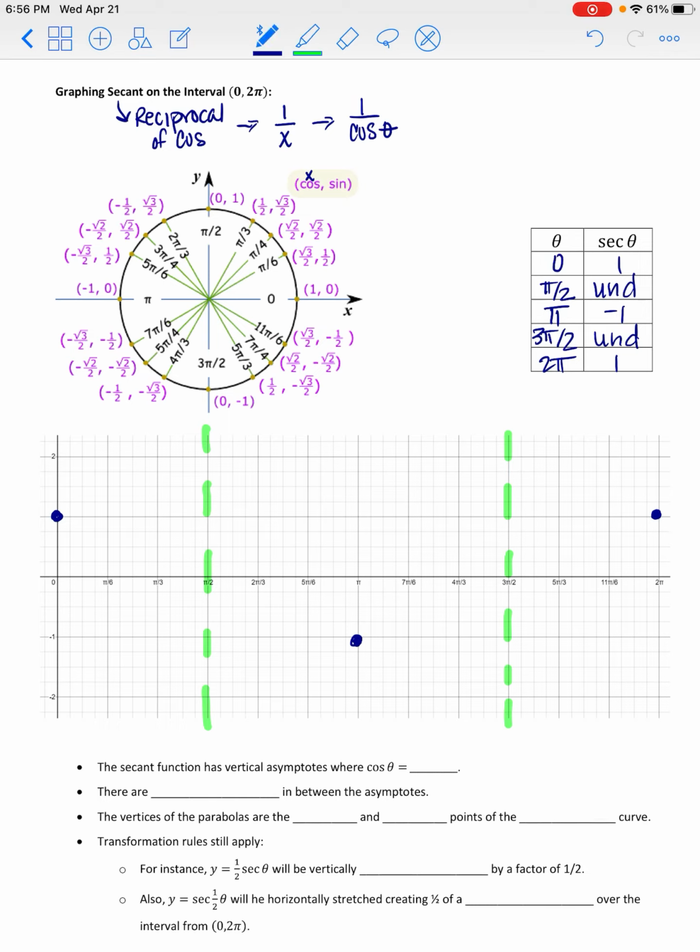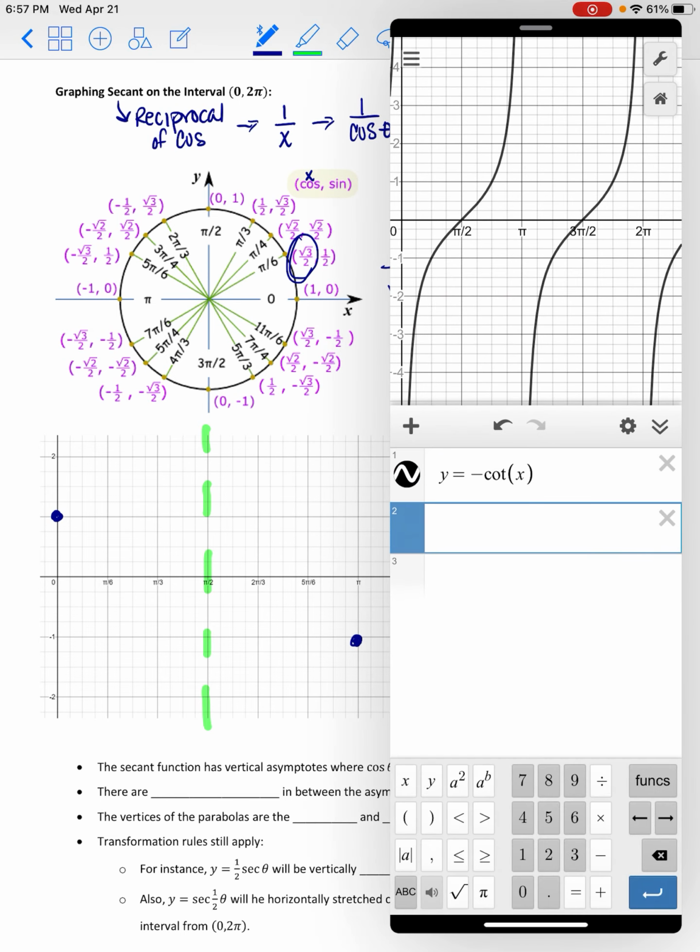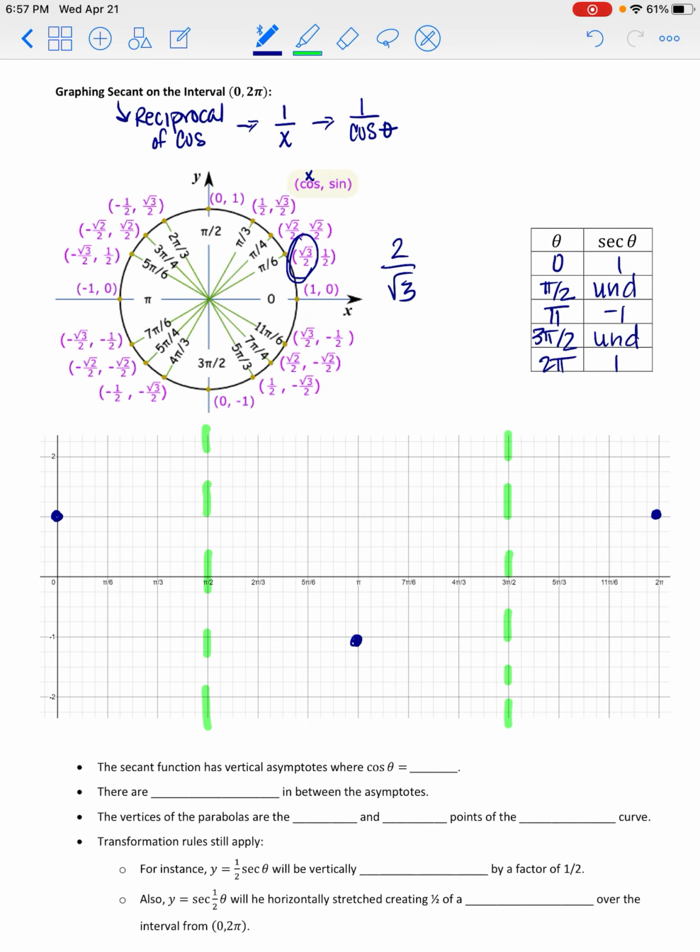Let's figure it out. Let's look at pi over 6. If I want the reciprocal of cosine, that's 2 over radical 3. Let's see, how much is 2 over rad 3? It's about 1.1. So we're going to be a little bit higher here. Let's just put it right there. And let's go to pi over 4.